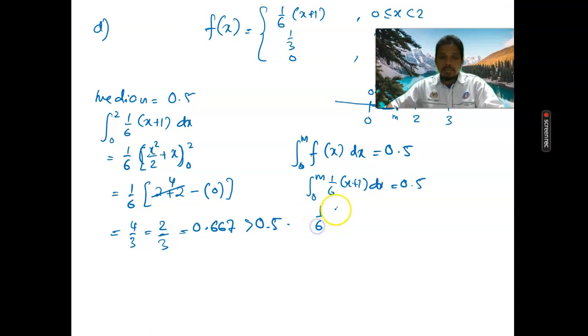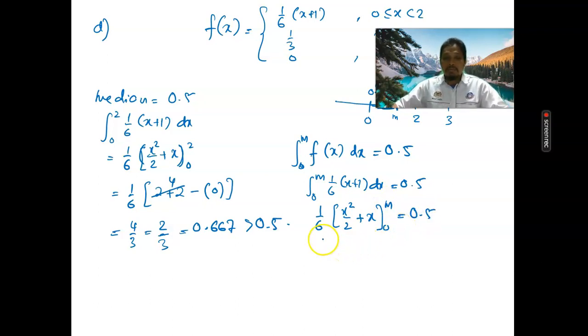1 over 6 times x squared over 2, the integral of x, and then integrate 1 with respect to x, plus an x, from 0 until m equal to 0.5. Now 1 over 6, substitute m squared over 2 plus m, minus x equal to 0 and 0, equal to 0.5.